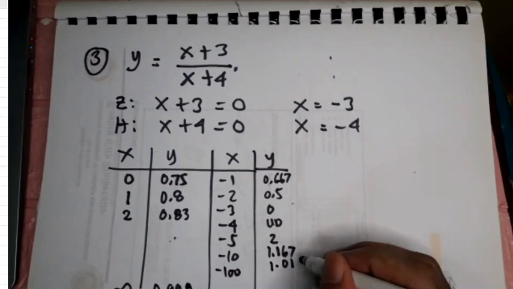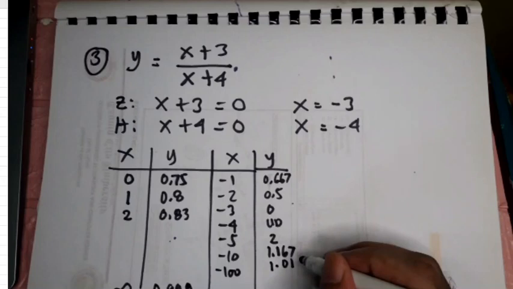Negative 10,000. Negative 100,000. So, a very large value gives 1 point something. Okay. It is not equal to 1, so we have an asymptote. By making this table, we can analyze that we have an asymptote.